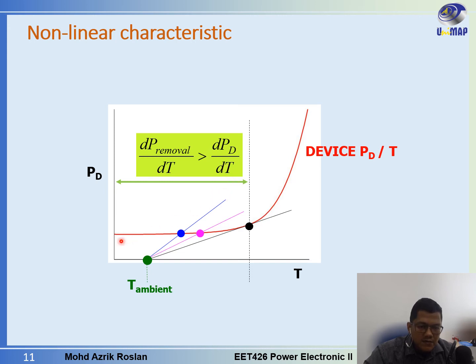Remember, the dPD over dT is the power dissipated versus the temperature curve, and this is the delta power dissipation versus delta T. What is meant by the delta is the slope.